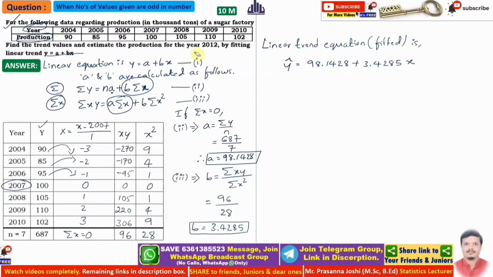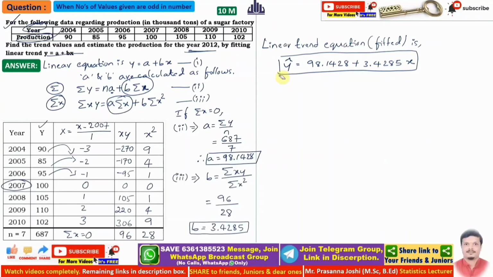Now we have to get the production value for the year 2012. We can use this y cap equation that we have got. Using this, we can get what the production is for 2012.